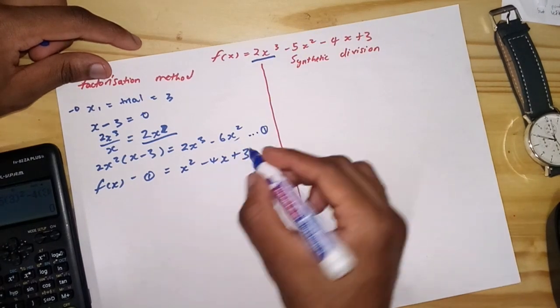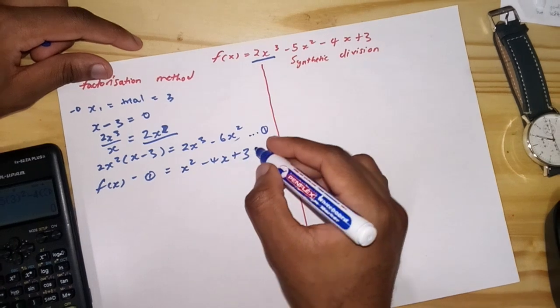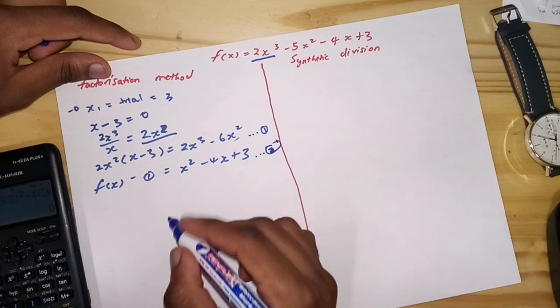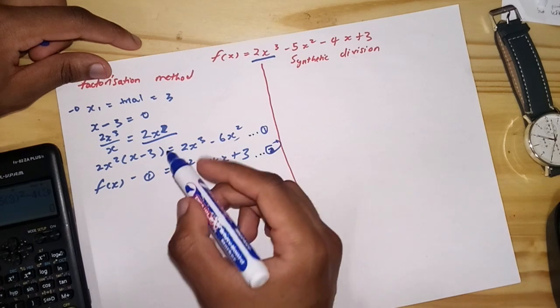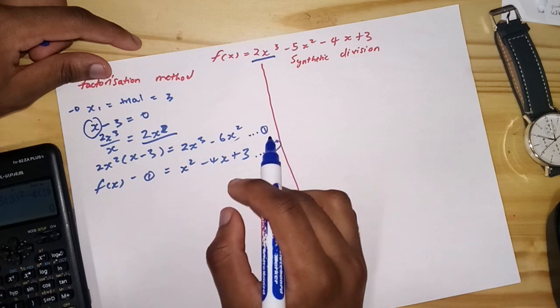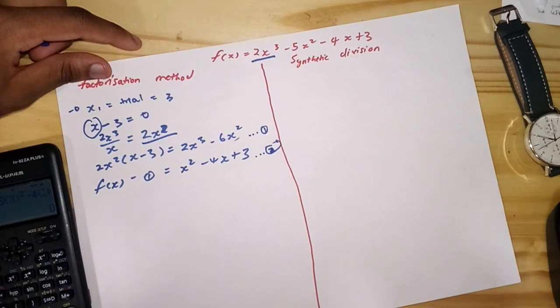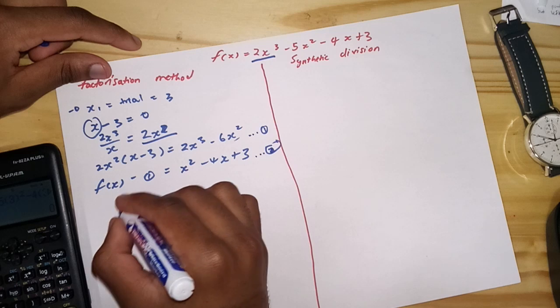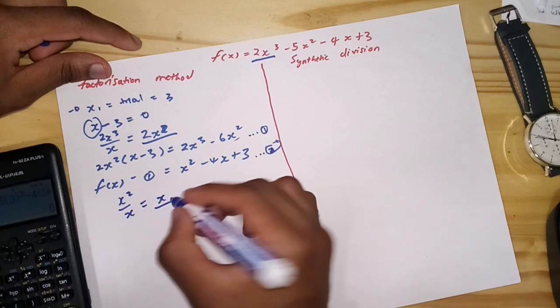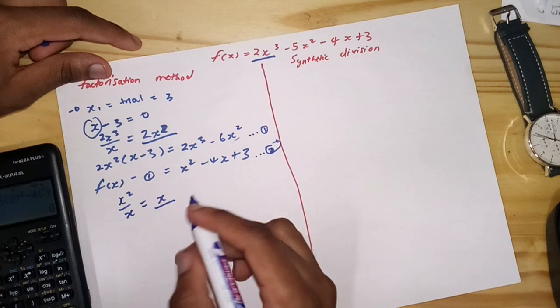Moving forward, this is your other equation. We can call this equation number 2. Then you do the very same thing, working with x and the first term of your new equation, equation 2. So x squared divided by x gives you x, right? You underline this as well. There's a reason you're supposed to underline this.